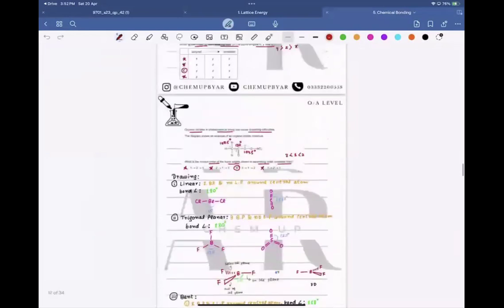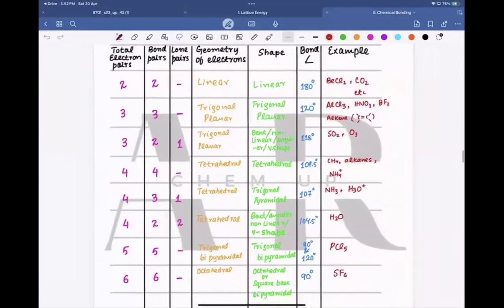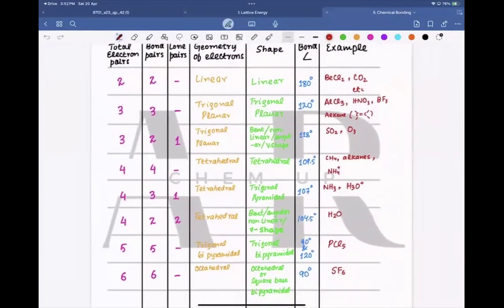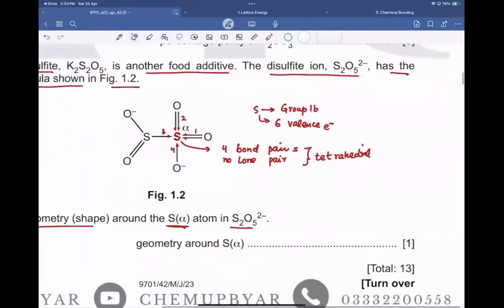You guys need to remember this. Yeah, it's 109.5. My bad, sorry. Thank you, Mariam. Whenever the shape is tetrahedral, it's 109.5. And 107 is when it is trigonal pyramidal. So the geometry around here is tetrahedral at 109.5 degrees.